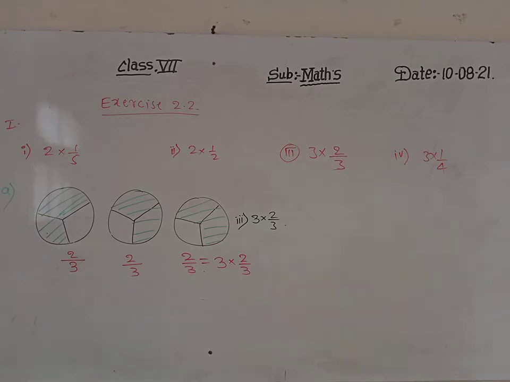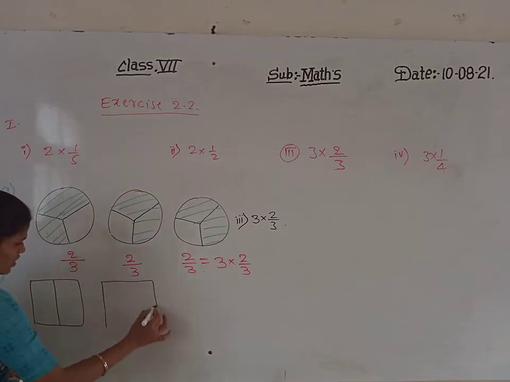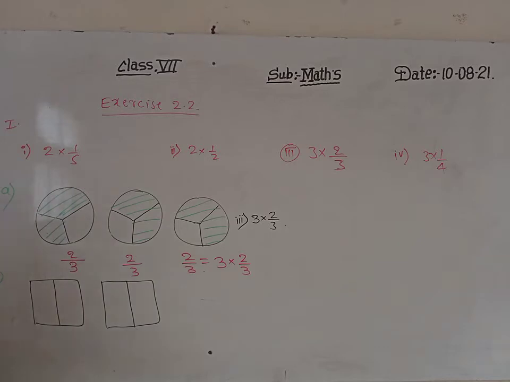Okay. So what is the second picture, B? What is the B picture here? There are two square boxes. From each square box we have divided it into two rectangular boxes. Here also one square box is divided into two rectangular boxes. In each rectangular box we have shaded one part.